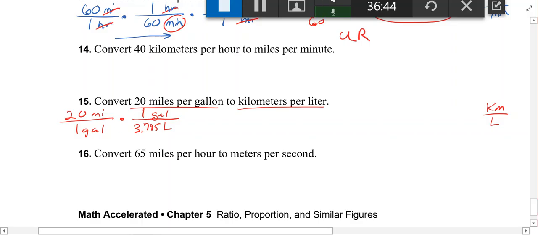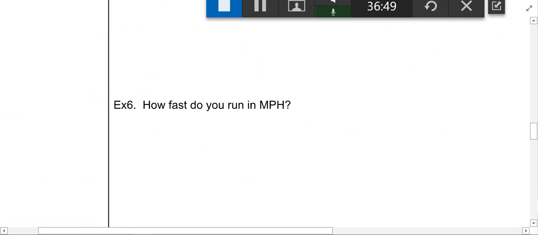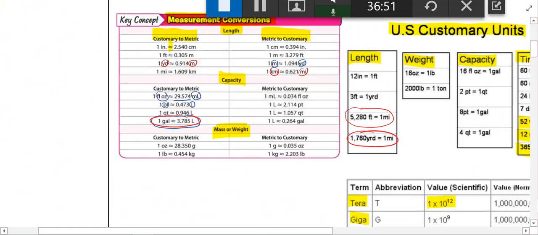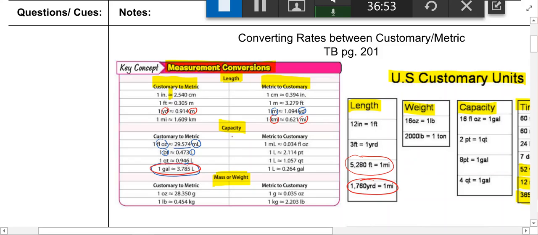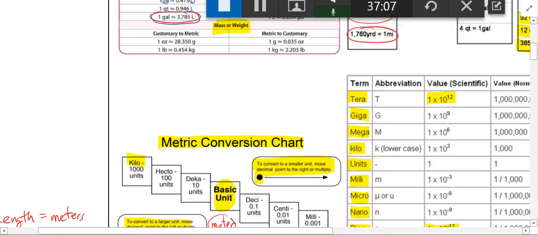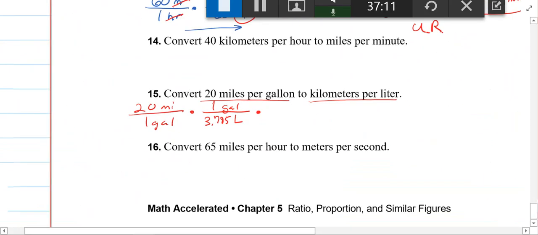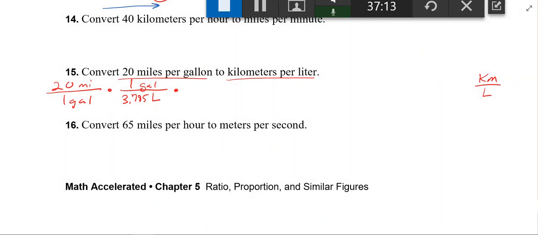Now let's take our miles into kilometers. Was there something up there, miles to kilometers? Let's see up here, miles to kilometers. There it is. 1 mile is equal to 1.609. Oh, too far.